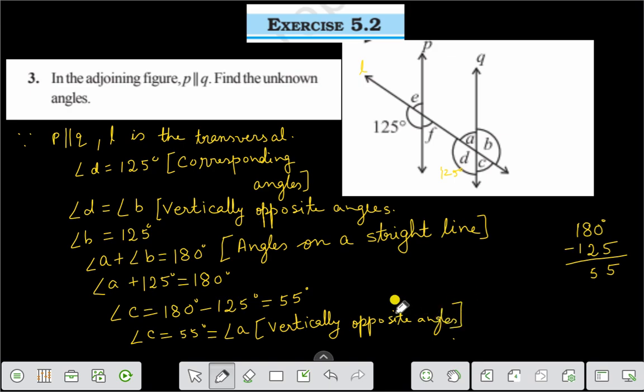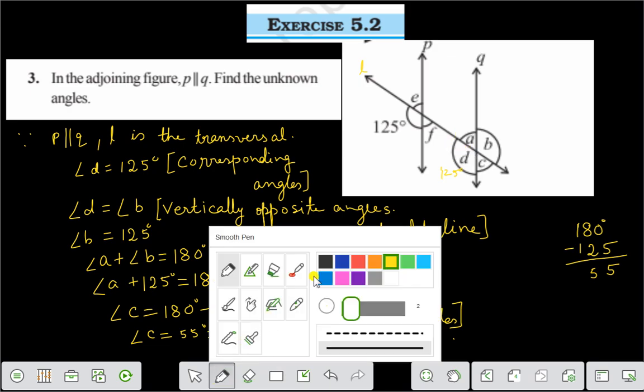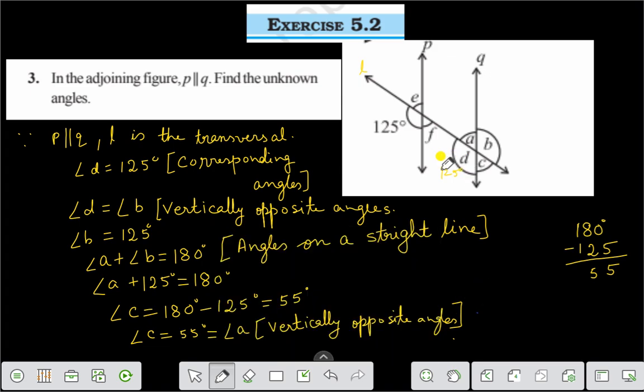Right? Now we got all the values. This D value, D is 125 degree. Let us write here. This is 125 degree. And angle B is the same as that.